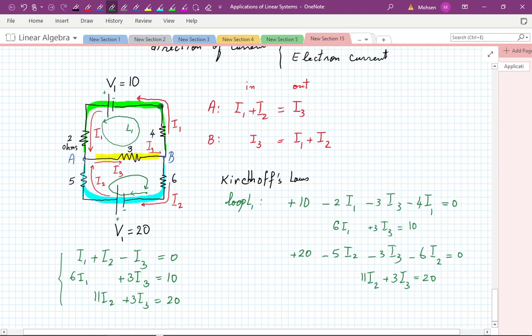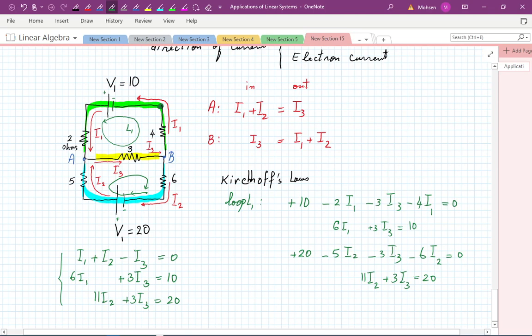That's how much voltage we are gaining. Then we are going to have voltage drops across each of the resistances that we have. Voltage drops are proportional to the current and the resistance. We write all of them throughout the loop until we get back to where we were. That total sum is going to be 0.